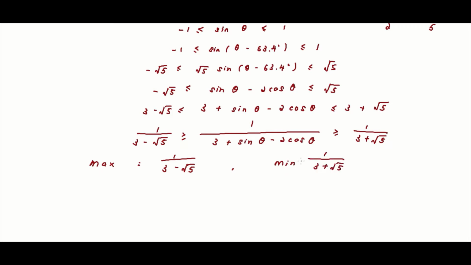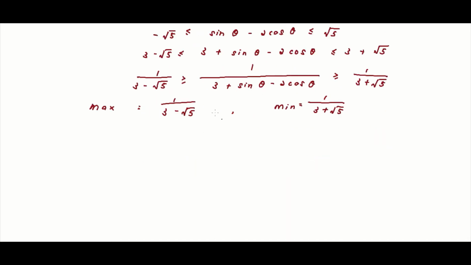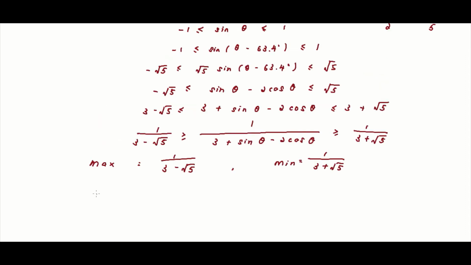The same thing, you need to find out where the angles exist for this maximum and minimum point. So let's do the same thing again. What is the value just now? Max occurs when sine(theta minus 63.4) equals -1 or 1.